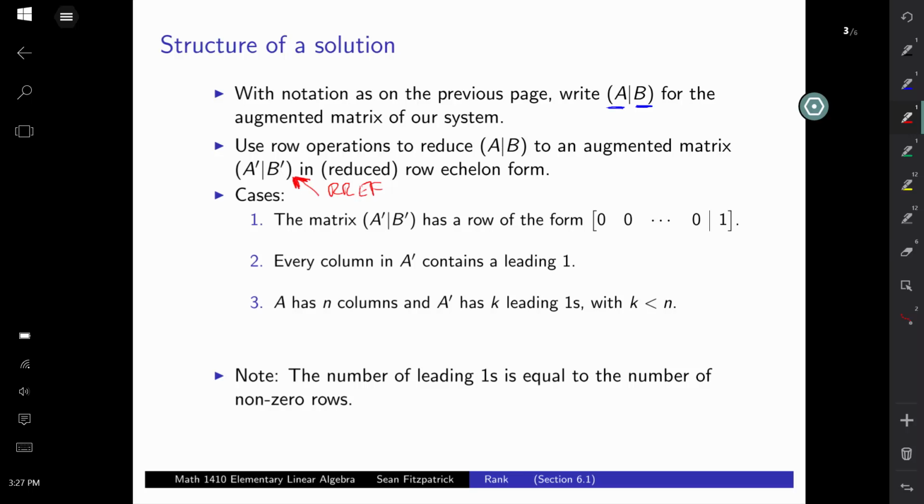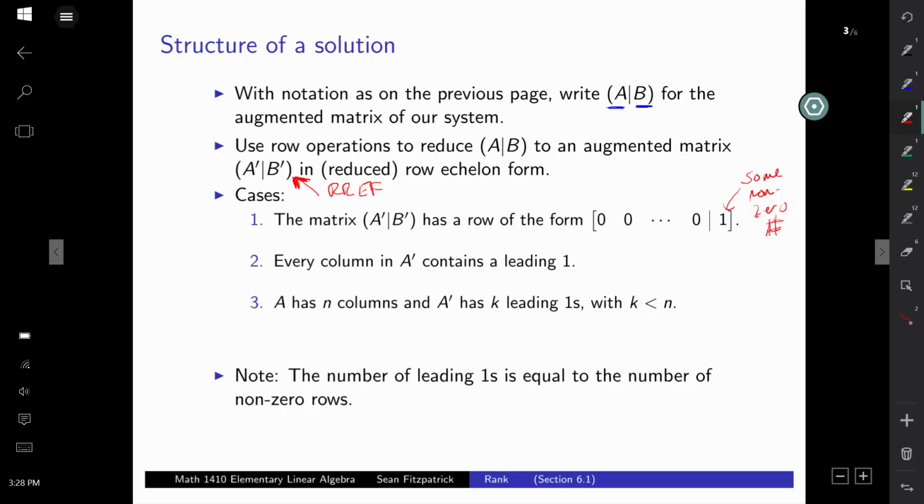We've seen enough examples now that we know there are really three possibilities. One is that we end up with a situation where everything to the left of this vertical bar is all zeros, and we've got a 1 on the other side, or some non-zero number.